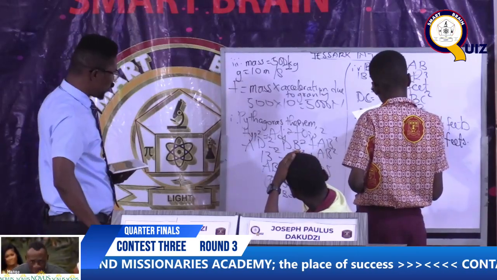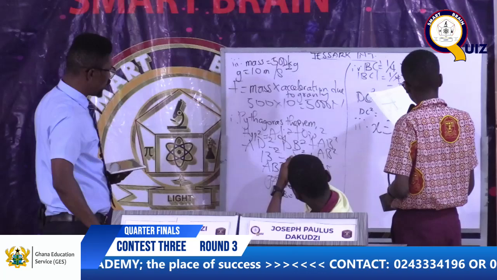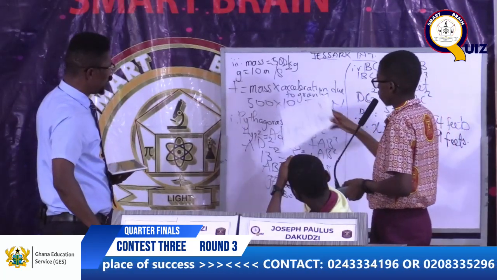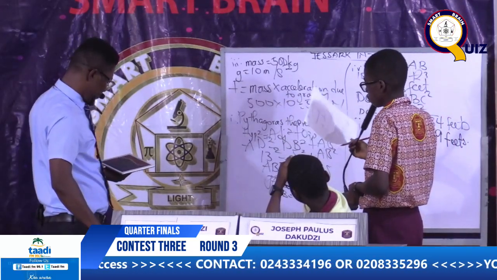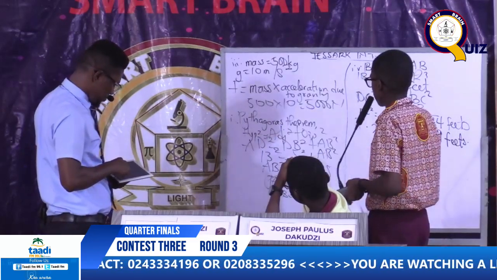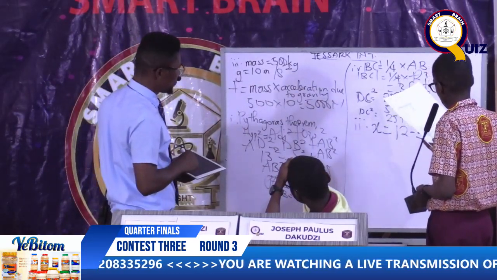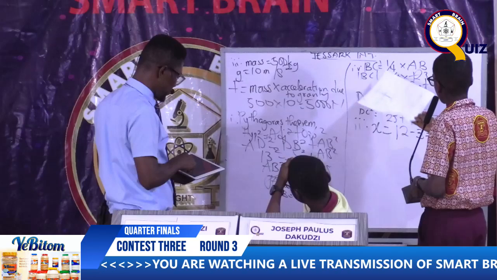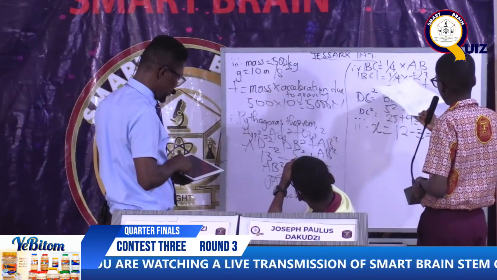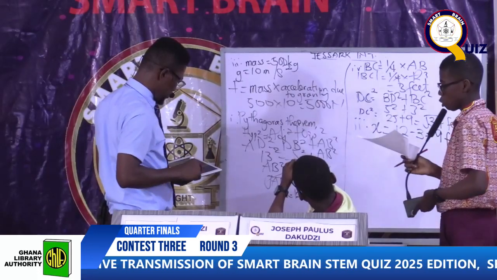For the III, we subtracted 3 from 12 to get 9 feet. And for the tension in the cable, we know that force is equal to mass times acceleration. So for the first one, we had 500 times 10 meters per second squared, and we had 5,000 Newton. For the IV, BC is 1/4 of AB, so 1/4 of 12 is 3 feet. Using Pythagoras theorem, we had root of 34 feet. Thank you.